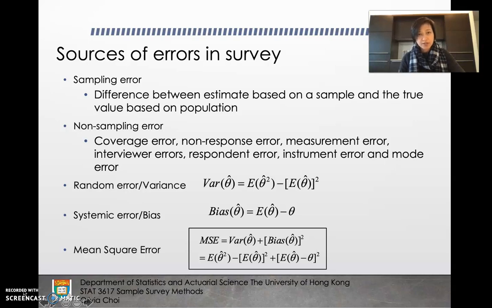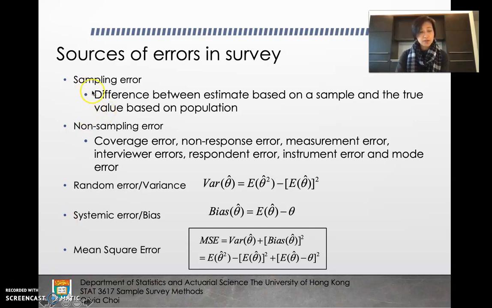Usually we talk about errors as how close the sample estimate we obtain from the sample is to the true population value. In other words, if the difference between the sample estimate and the population true value is minimized, then we tend to choose that sampling scheme.